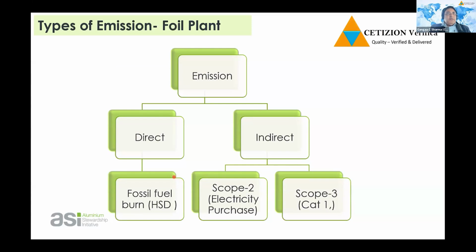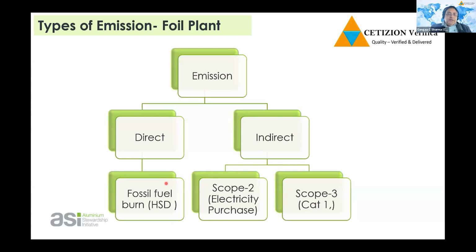It could be used for the furnace also, or for other applications like a diesel generator, for example. Then you have electricity. Either you have renewable energy or you have own power generation. For example, we have seen some of our clients in Africa. They generate their own electricity even on the downstream side. So depending on where you are, the electricity related emission has to be accounted for.